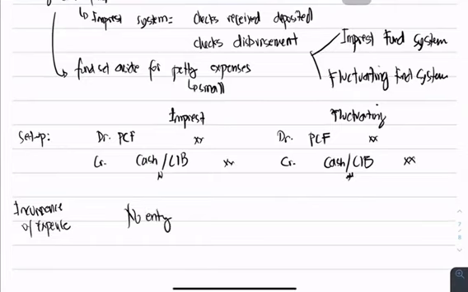Take note, imprest system will only increase or decrease if there is a change in the amount of the fund. While the fluctuating fund system will increase or decrease both on the change in the amount of the fund and also whenever we incur expenses. So at the time of incurrence of expenses, our entry is debit expense, and of course you credit petty cash fund.